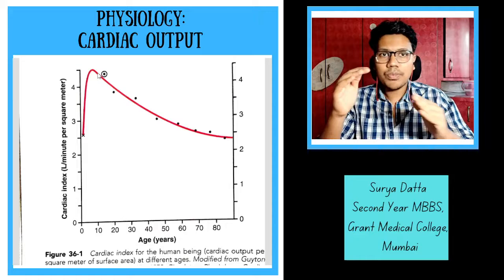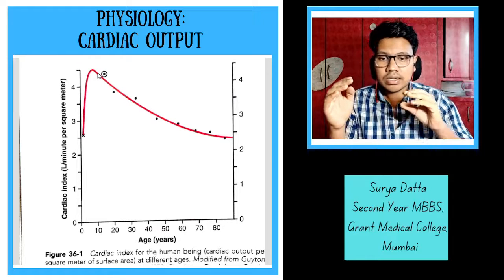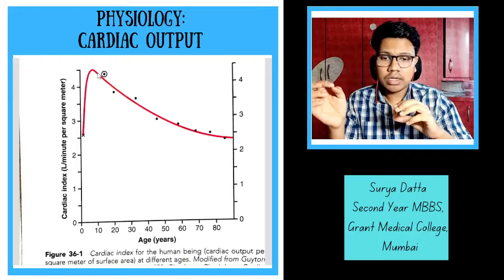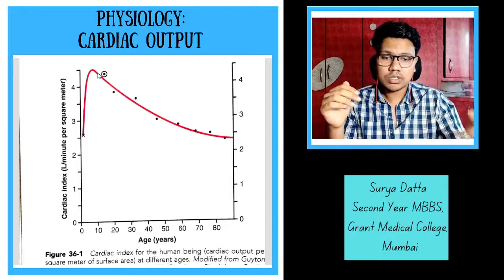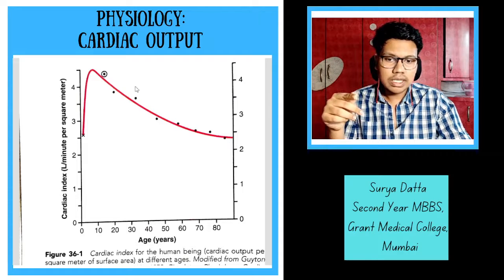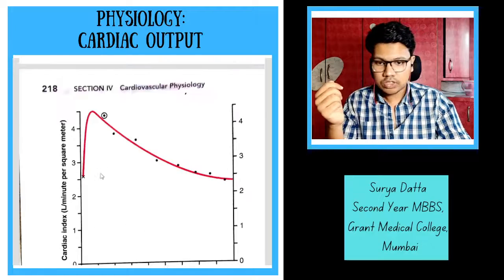So over a period of time, if the cardiac output is increasing by X amount and the surface area of the person is increasing by Y amount, Y is going to be more than X. Since cardiac index is inversely proportional to surface area and directly proportional to cardiac output, this is going to keep decreasing, right, because of simple fractions.